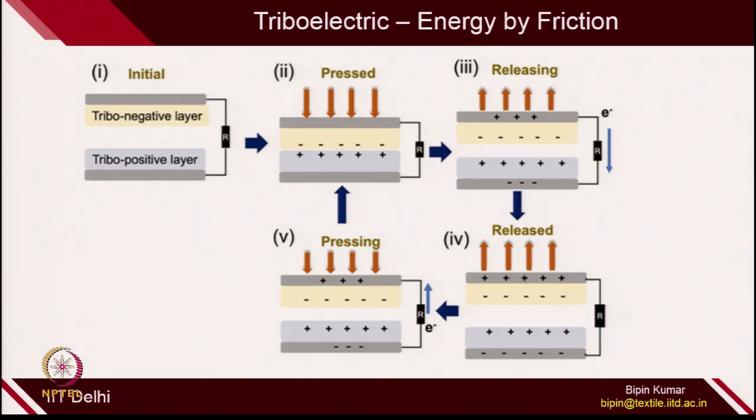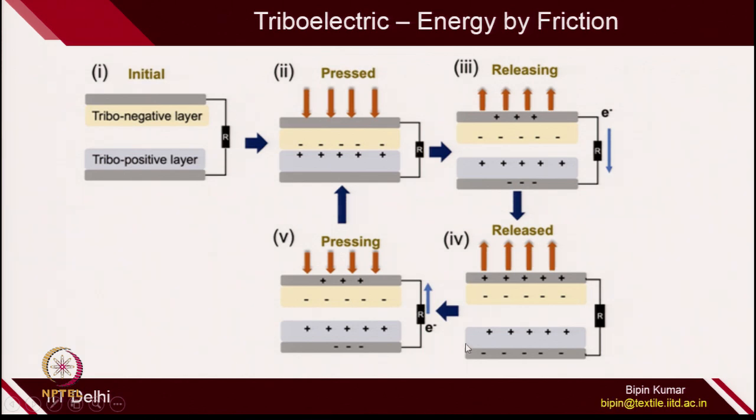Polytetrafluoroethylene is the triboelectric negative layer, nylon is the triboelectric positive layer. If you make two types of knitted fabric, one positive triboelectric material, another negative, and you rub them or apply some pressure, electricity will be generated and you can harvest that.